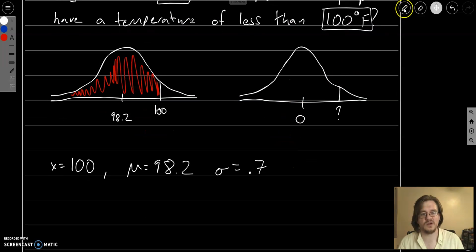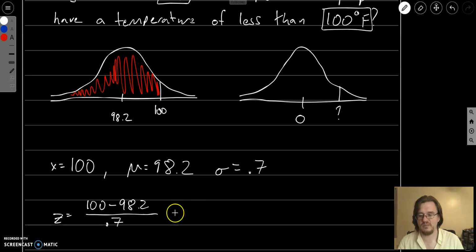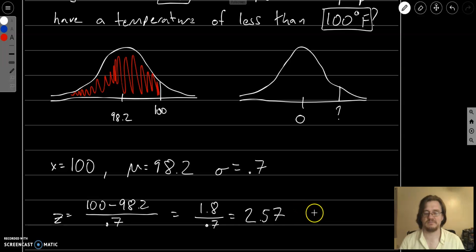So our Z-score is going to be 100 minus 98.2 divided by 0.7. And this will be 1.8 divided by 0.7, which will be about 2.57. So I've rounded here, so I'll make that squiggly.